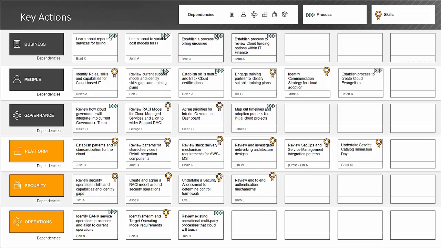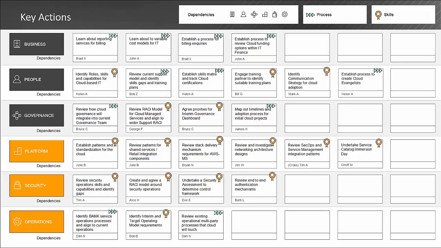And you can see a lot of these come up and are very common in organizations. Some of these may even speak to you as you think about cloud adoption in your organization. The first one under people, I think we see a lot, which is identifying roles, skills, and capabilities for cloud-based IT. How do we think about that? That's huge. The second one there is also very common: review current support model, identify skills gaps and training plans.